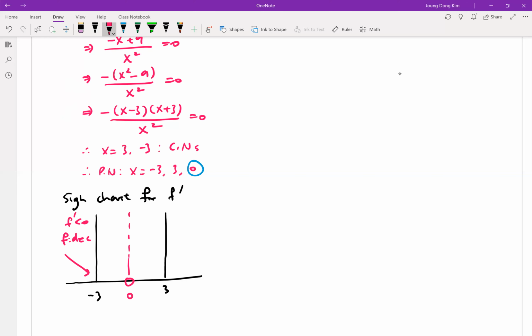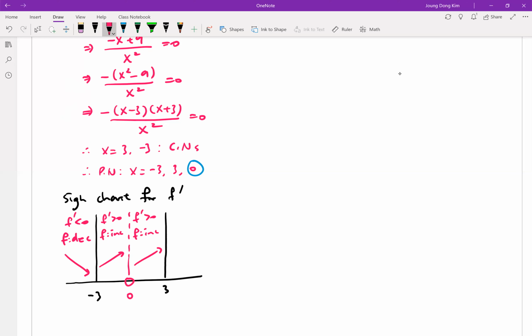Between negative 3 and 0, maybe negative 1, then negative, negative, positive, which is positive, right? Between 0 and 3, plug in 1: negative, negative, positive, which is positive.